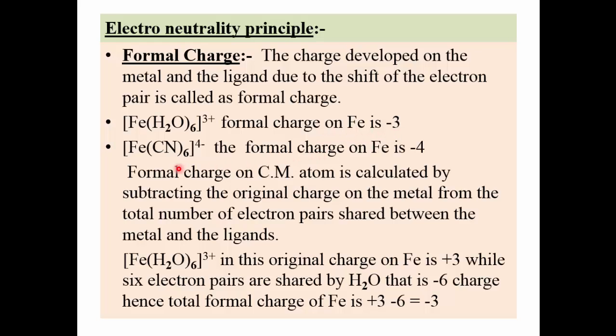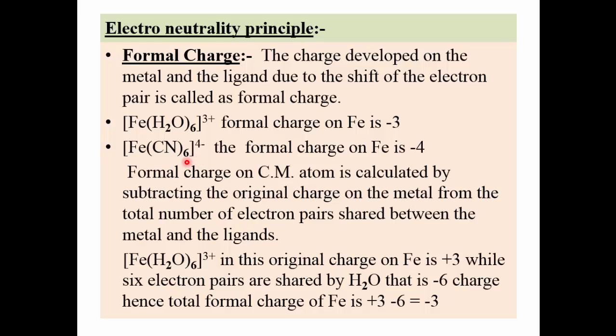Again, consider another example, hexacyanoiron complex on which there is a 4 minus charge. Now see, there are 6 cyanide ions. That means this is -6 charge. Here on the square bracket there is 4 minus. That means on Fe there is +2 charge. So +2 -6, it becomes -4.